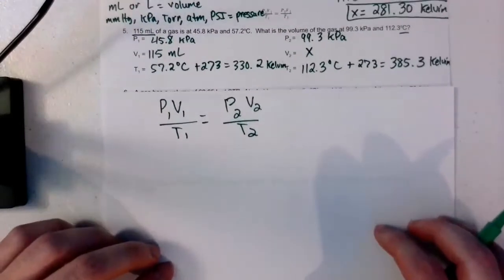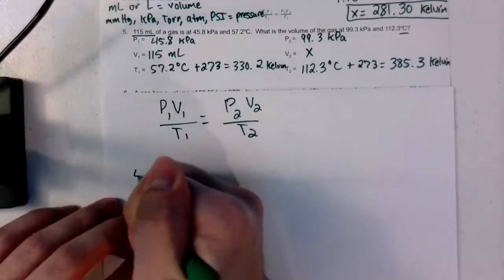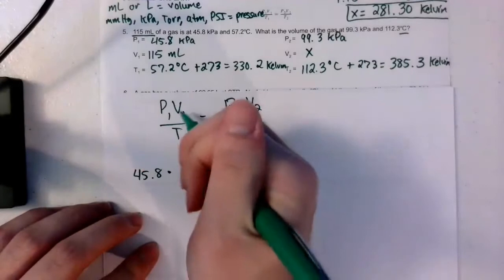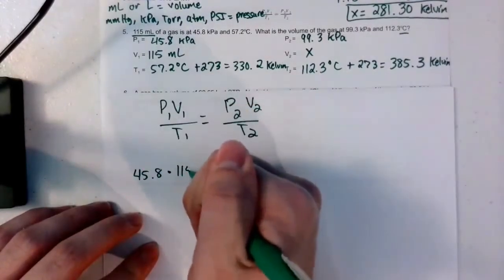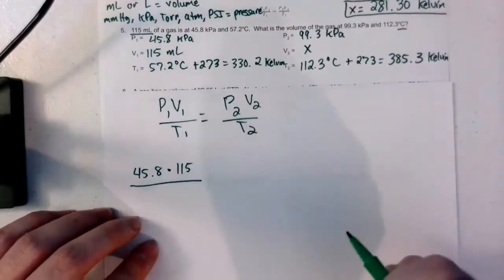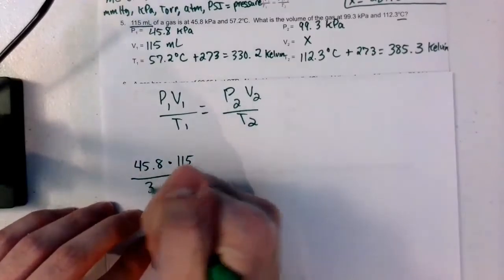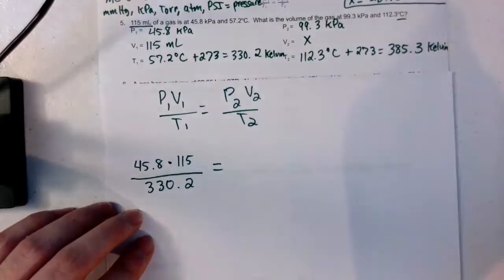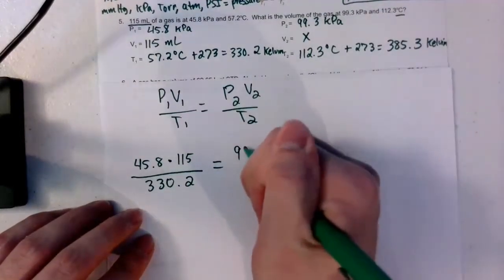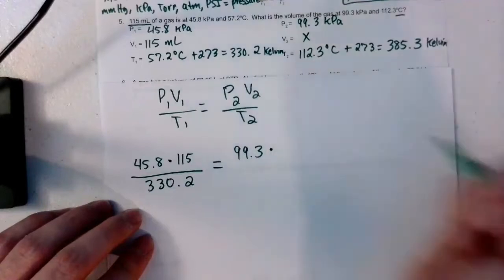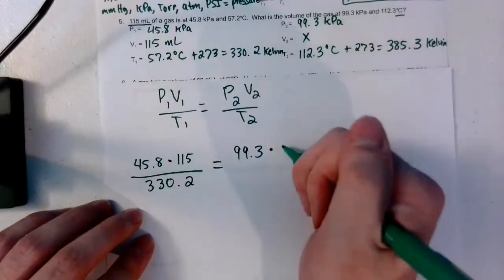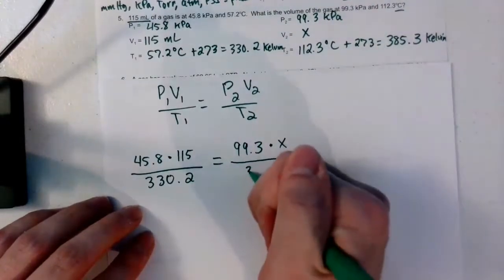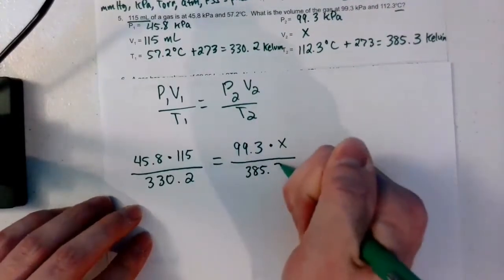So here's the first pressure. It was 45.8, and then I'm going to multiply it by the first volume, the V1, which was 115, and then I'm going to put all that over the first temperature, which was 330.2. On the other side, I've got P2, which is 99.3. I'm going to multiply that times V2, which is X, all over the T2, which is 385.3.